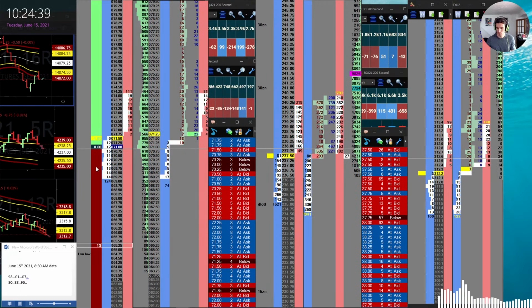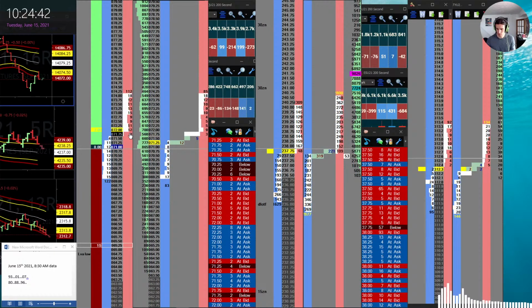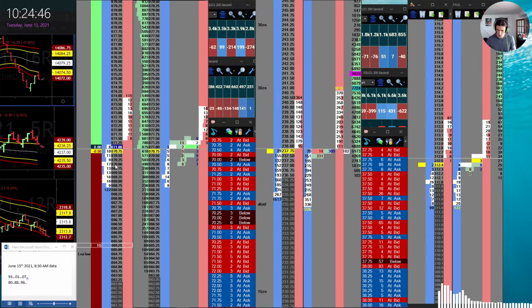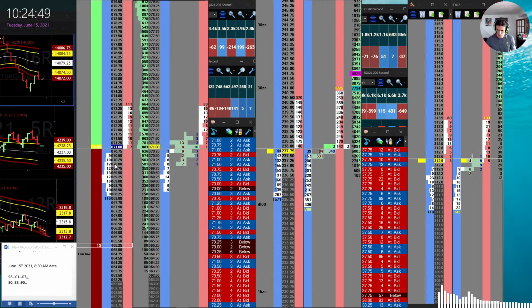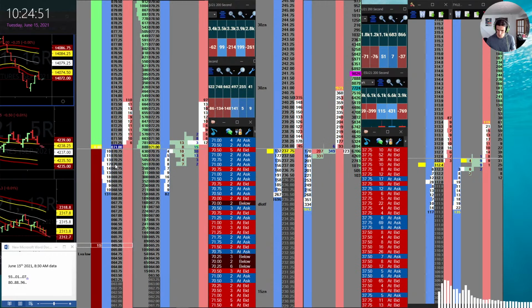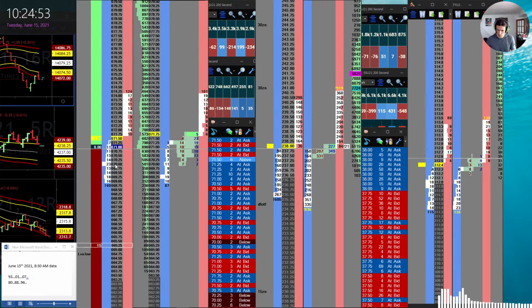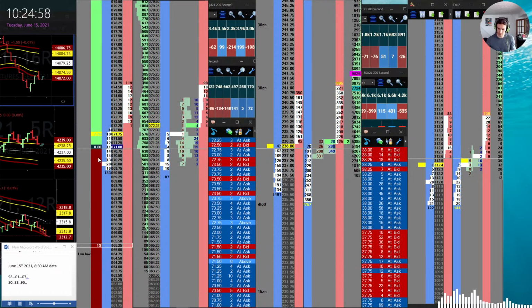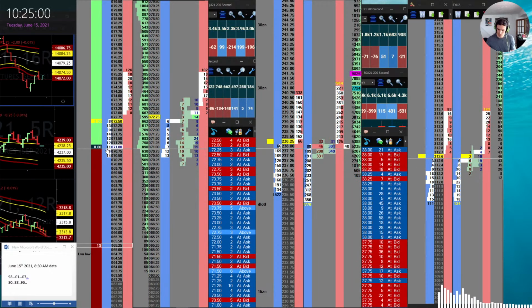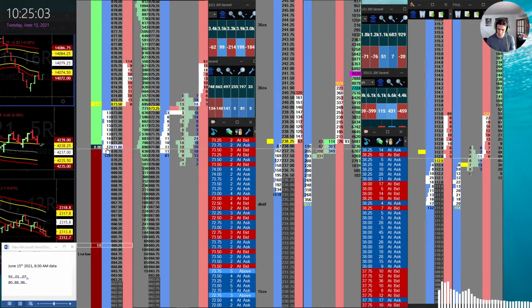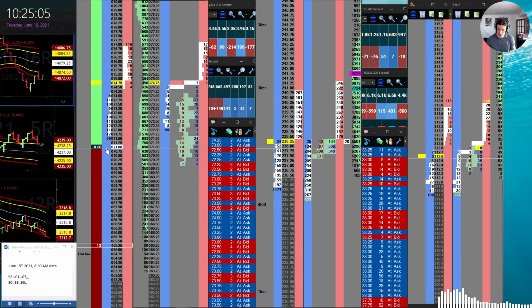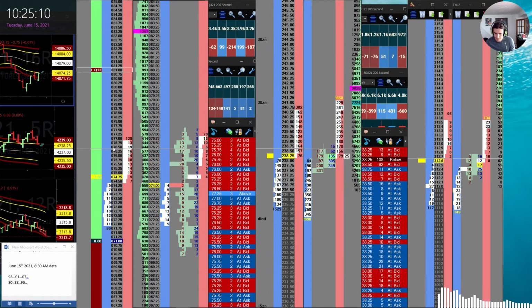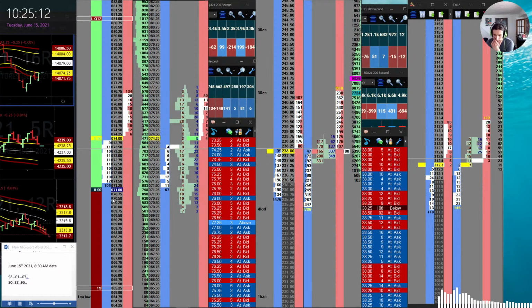Second try. Offers lifted to 3. 4, 3. No, but I tried to scalp it long. I took a stop. Now we're seeing a move here.